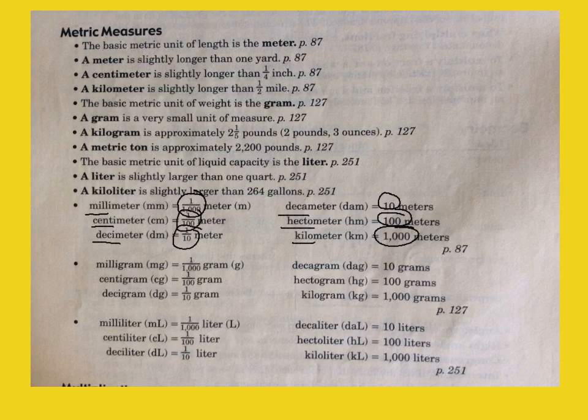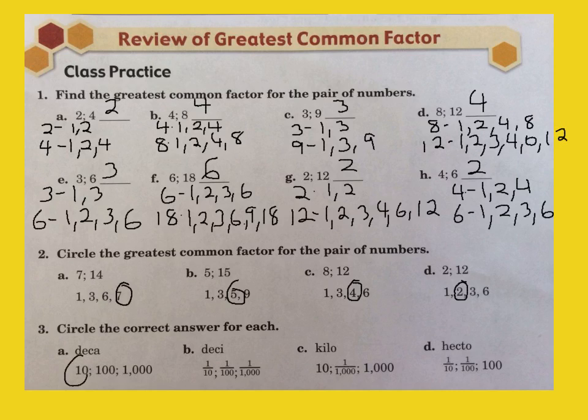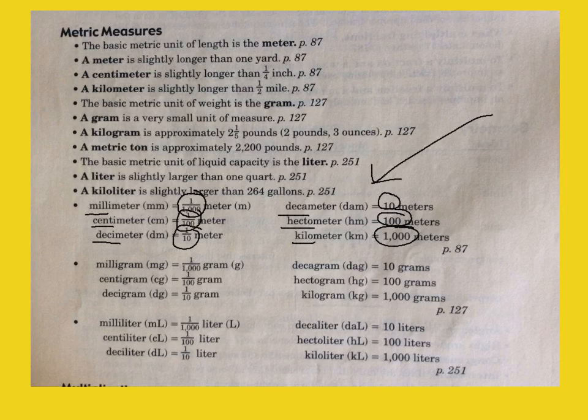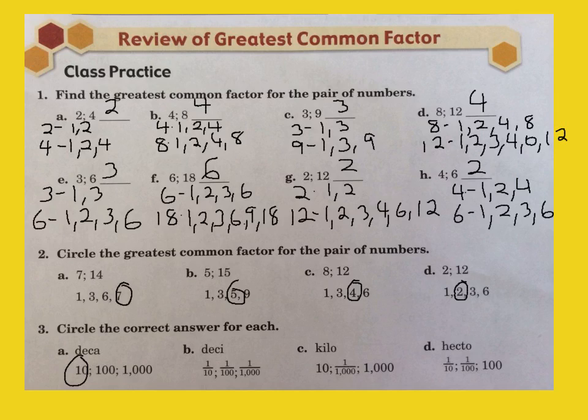Deca, when we look back at it, deca would be 10. So we circle the 10. Deci would be 1/10. So we circle the 1/10.